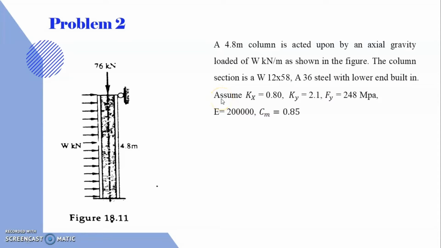Assume the effective length factor X is equal to 0.80 and the effective length factor Y is 2.1. The yield strength is 248 megapascal, the modulus of elasticity is equal to 200,000, and the C sub M is equal to 0.85.